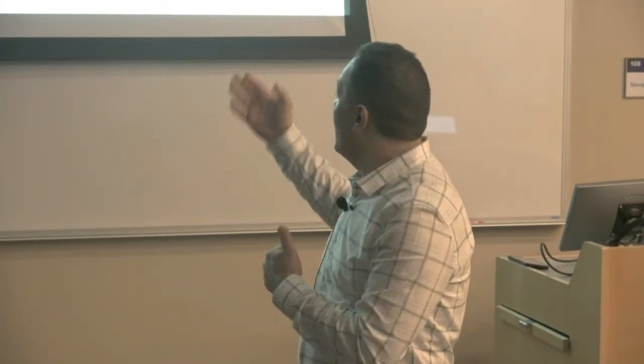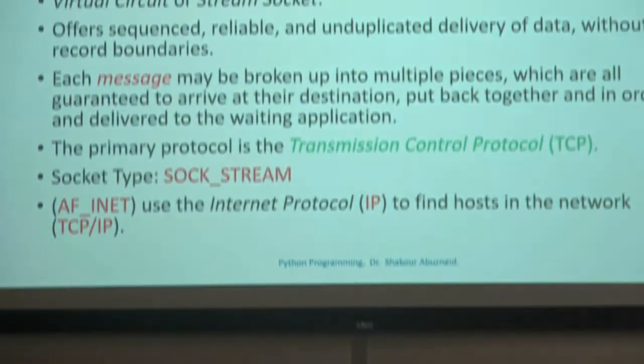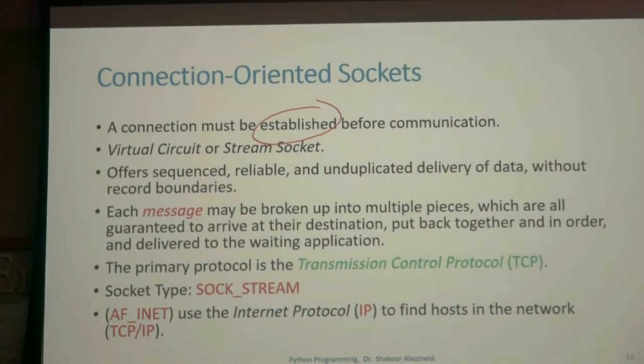So we divide the message into multiple pieces, we call them packets, and we try to have delivery guaranteed. The primary protocol used is TCP, which is a reliable protocol, and the socket type is SOCK_STREAM, or socket stream.